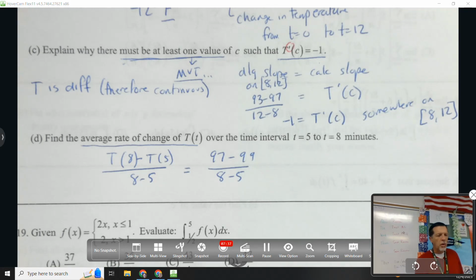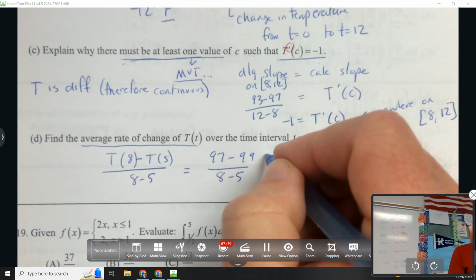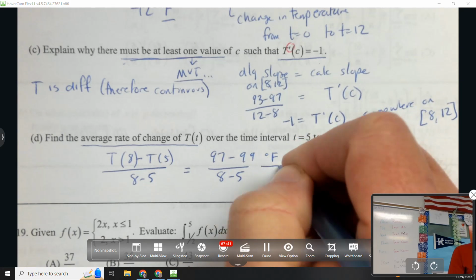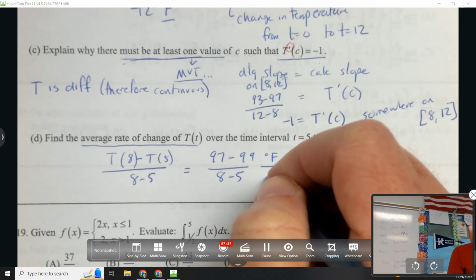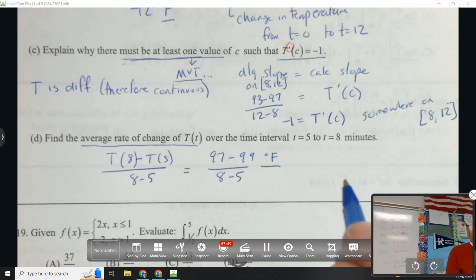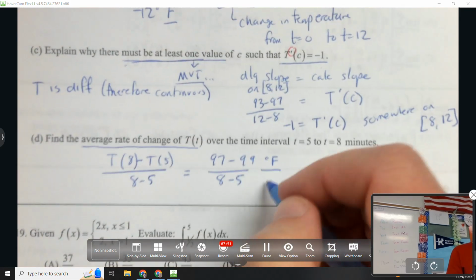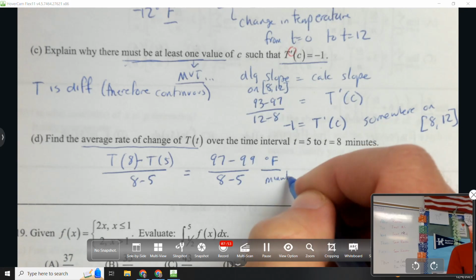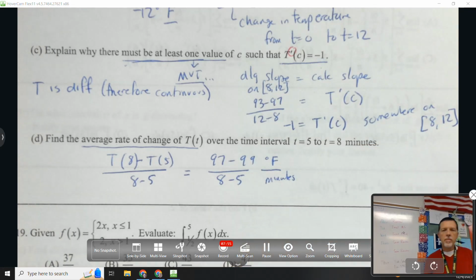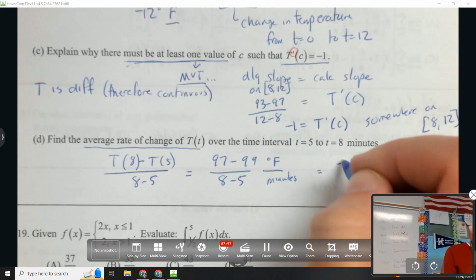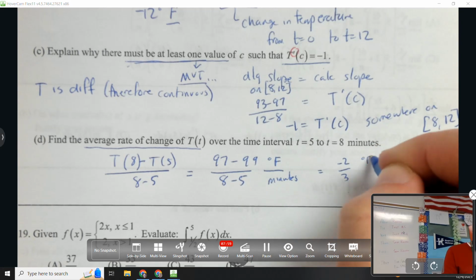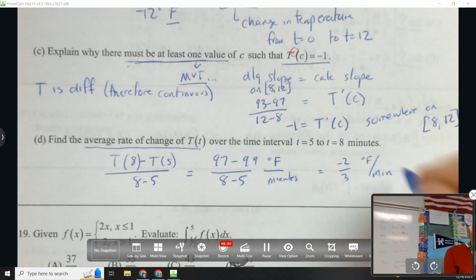Well, a little surprised it didn't ask for units. But degrees Fahrenheit over time is in minutes, I assume. It never says what time is in. Oh yeah, it does, minutes. So I can stop there, or I could say -2/3 degrees Fahrenheit per minute.